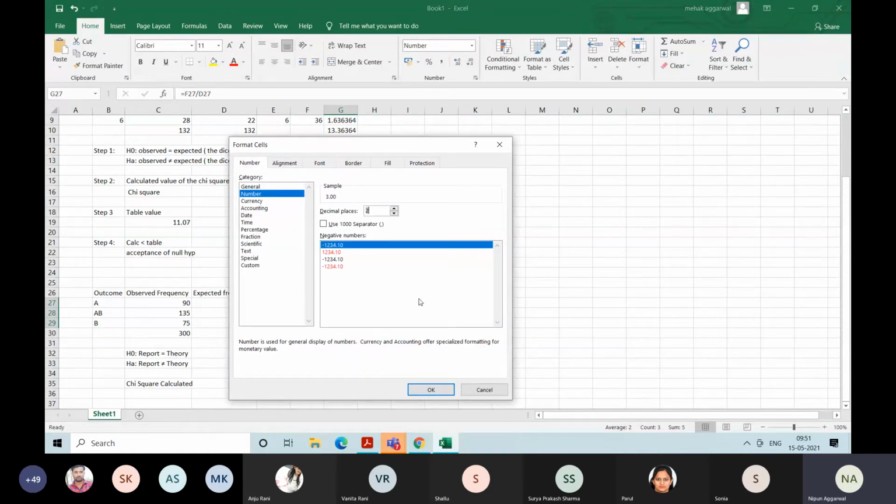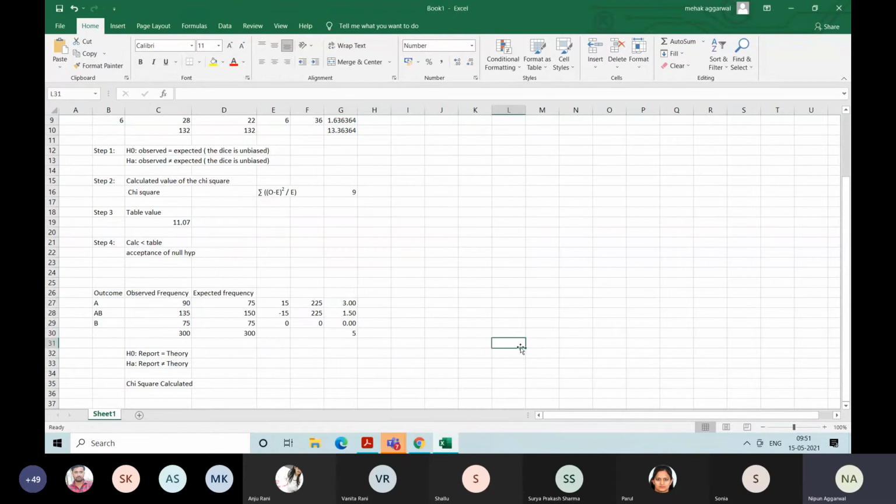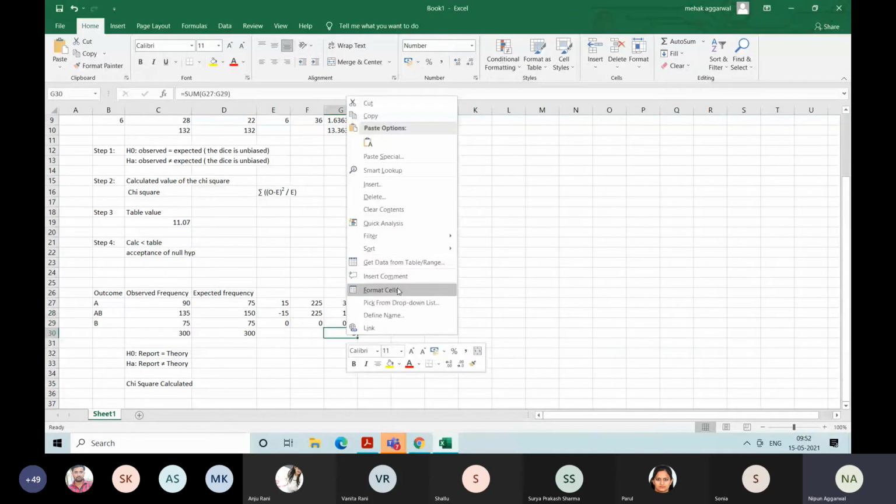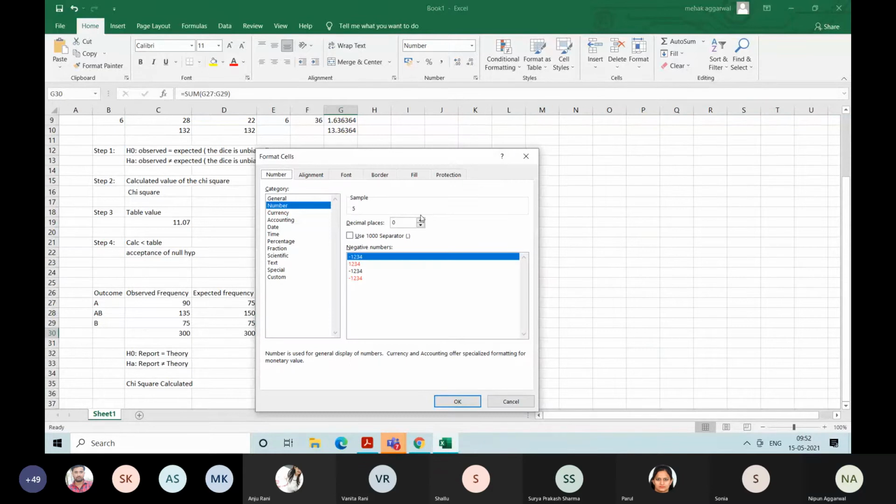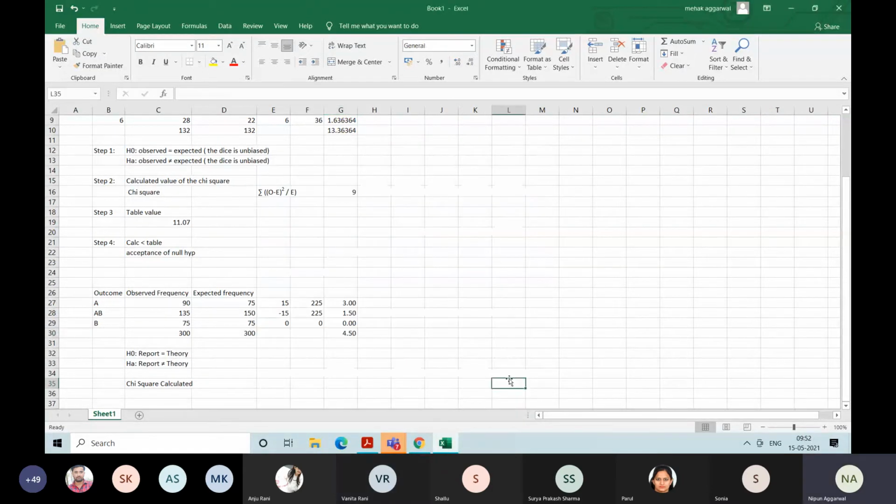It has rounded this off. So this is the round off error it has created because I have formatted the cells to 0 decimal places. So now the chi-square calculated value comes out to be 4.5.